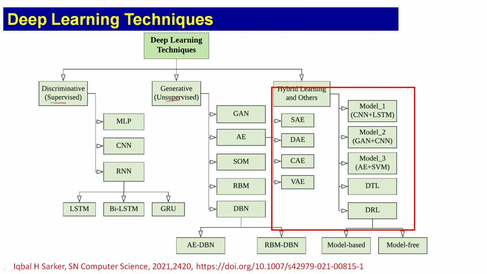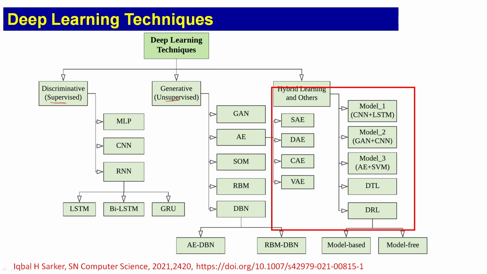So, therefore, the advanced deep learning techniques combine two different techniques together. Model 1 provides a combination of CNN and LSTM. LSTM is a part of RNN, the recurrent neural network.